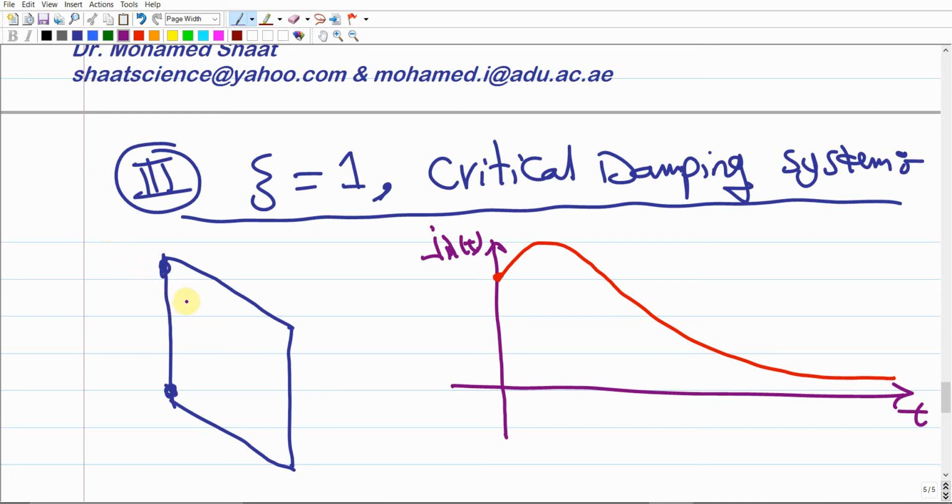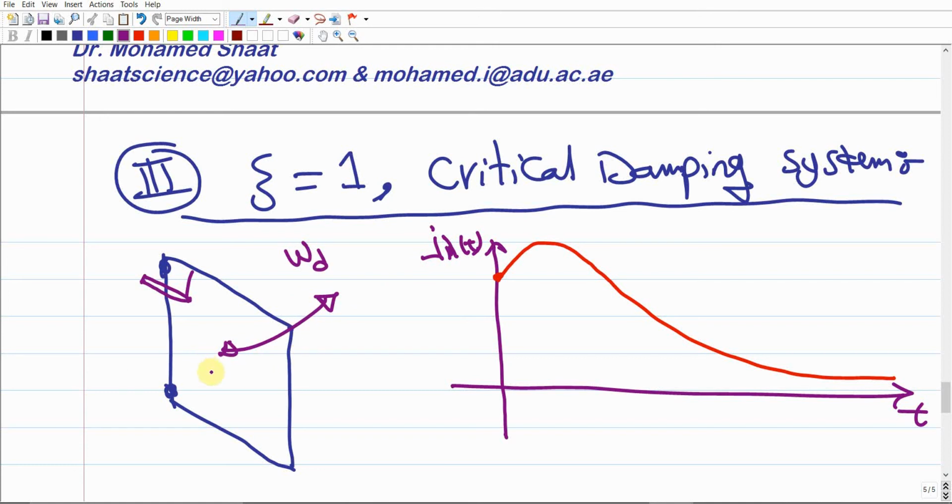In some doors, we may have a hydraulic system here, like a hydraulic piston, right? So if you open this door and then leave it, it will just close. It won't swing to both sides. But if it does swing, it means that this door has omega d.